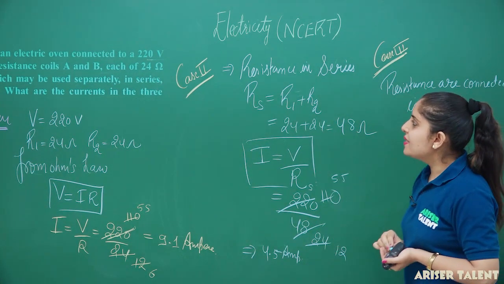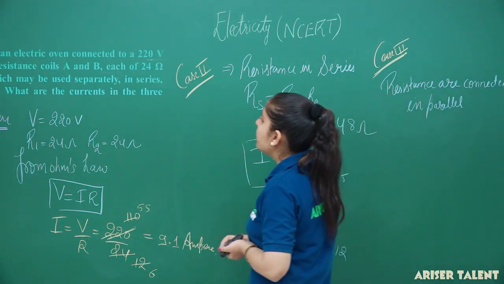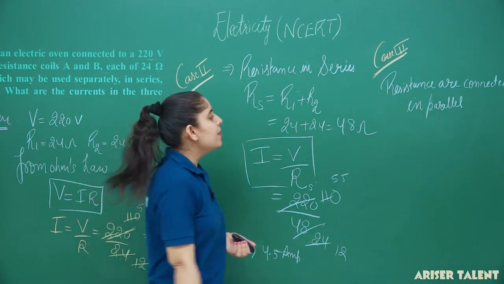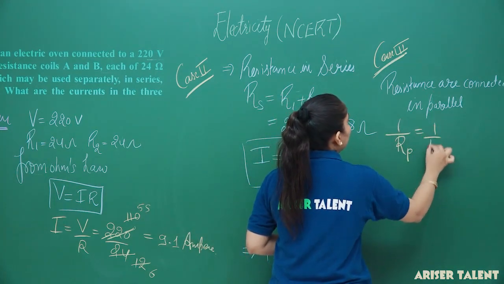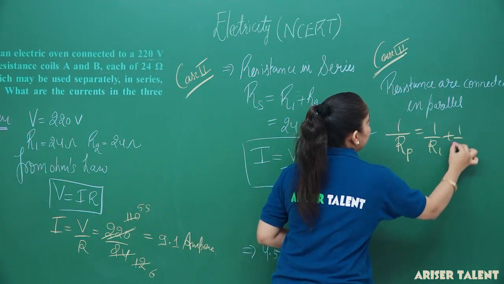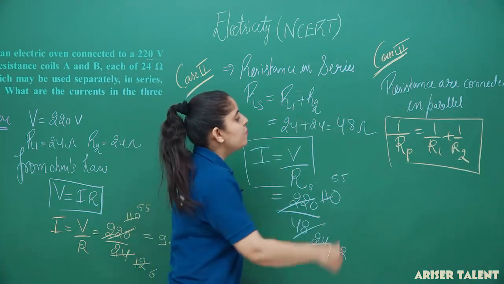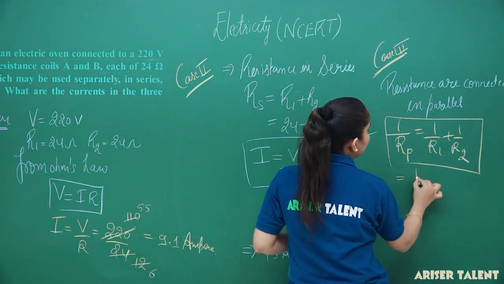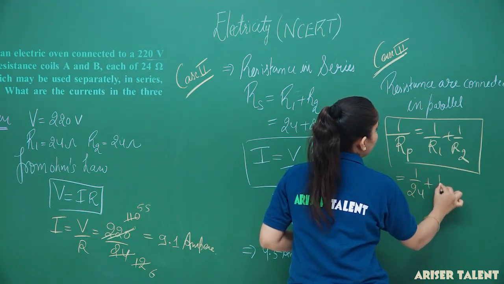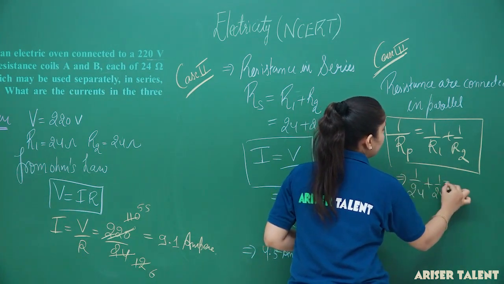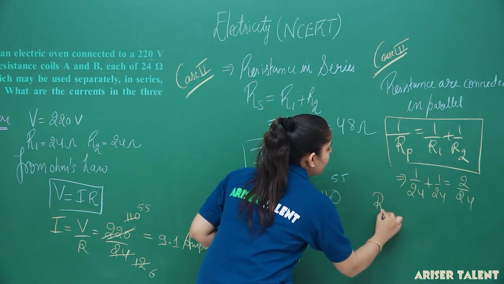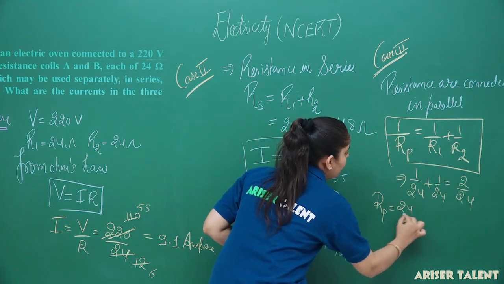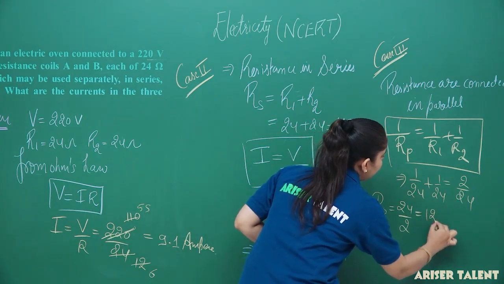If they are connected in parallel, what will be the equivalent resistance? 1 upon Rp equals 1 upon R1 plus 1 upon R2, which is 1 upon 24 plus 1 upon 24, giving 2 upon 24. So Rp will be 24 upon 2, which is 12 ohm.